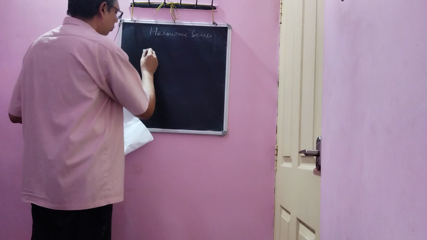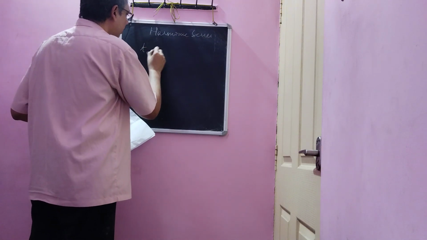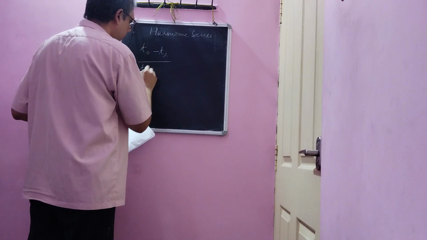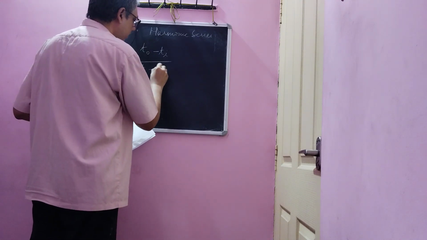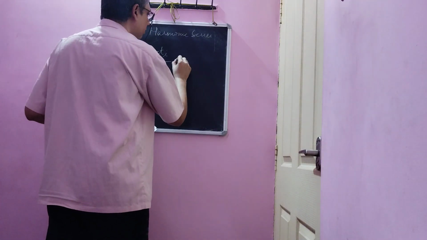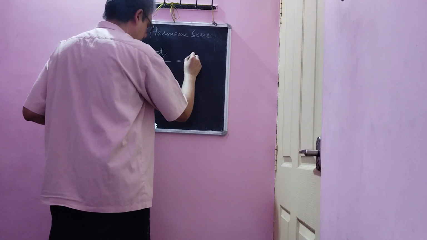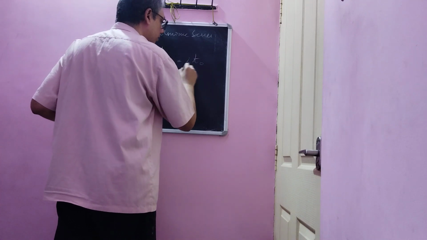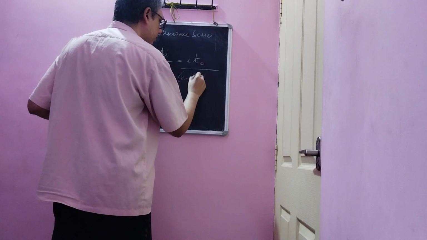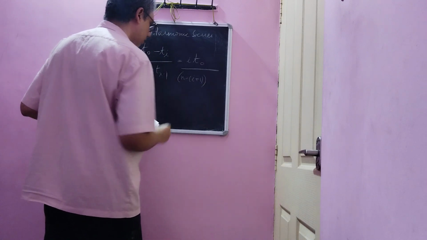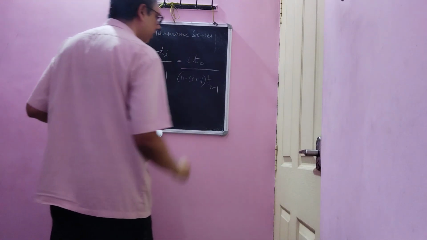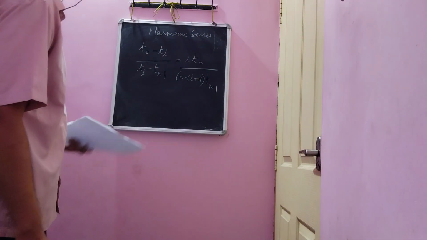Then more generally we will have T0 minus Ti by Ti minus Tn minus 1 is equal to i times T0 by n minus i plus 1 whole times Tn minus 1.